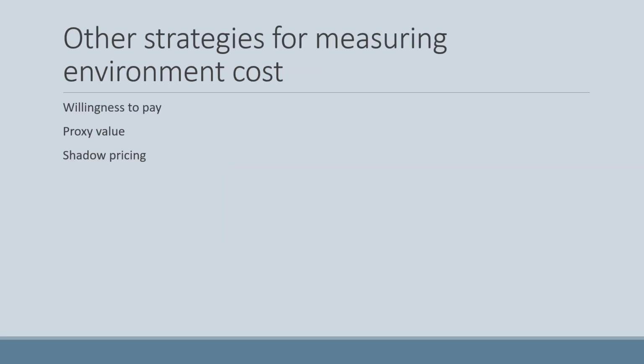Other strategies we can use for measuring environmental costs are things like willingness to pay, proxy value, and shadow pricing. Willingness to pay means we ask consumers what they are willing to pay for a change in a good or service. If something costs more, are you willing to pay for it? Or do you donate to a particular cause because you feel strongly about it, even if you don't take advantage of it?